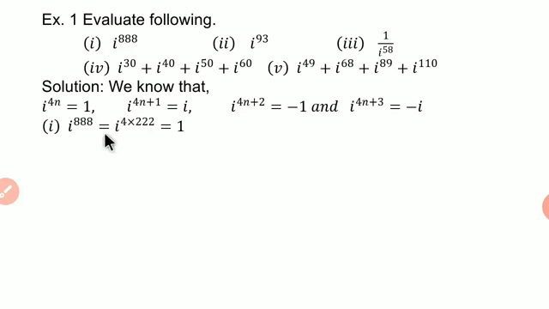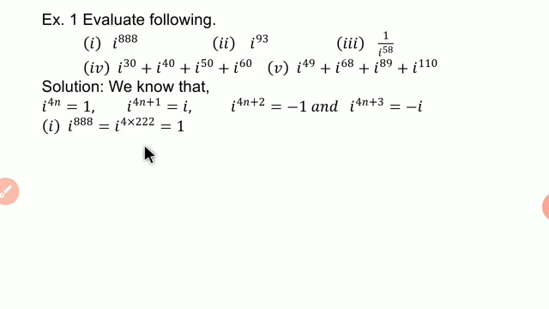So consider first i raised to 888. We rewrite it as i raised to 4 multiplied by 222. In all these, n belongs to integer, means Z. Now here n is 222, means it is of the form i raised to 4n. And we know value of i raised to 4n is 1, and therefore the value for i raised to 888 is 1.